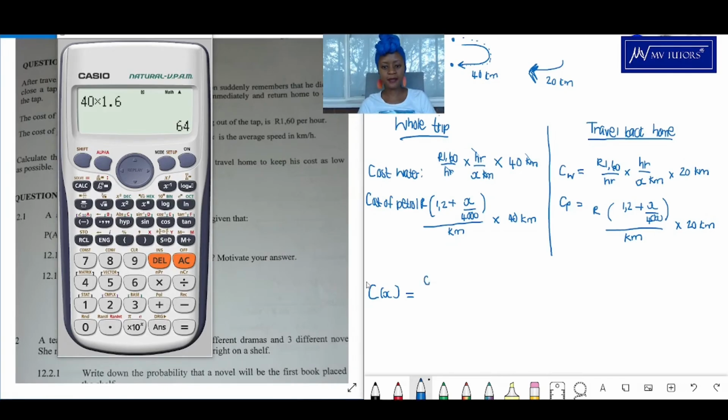So I have 64 over x. And then I'm going to have to add the cost of petrol. So 20 times 1,6, that's just going to be half of 64. So I'm going to get 32 here over x.